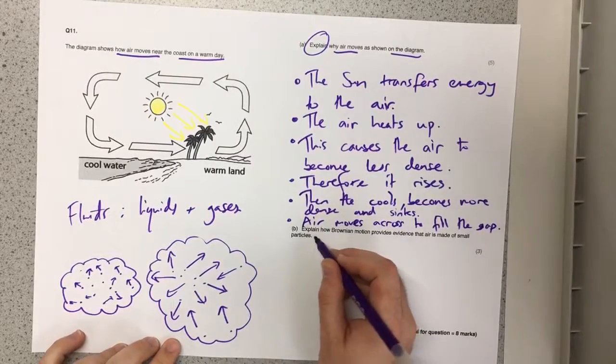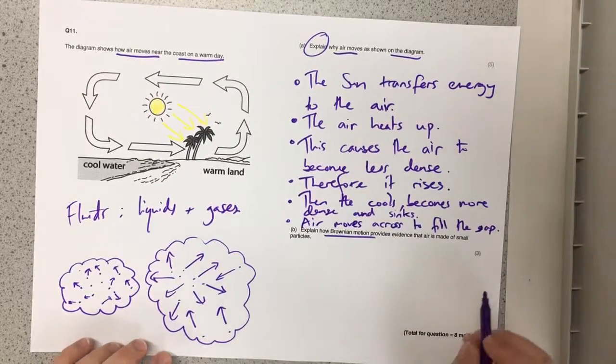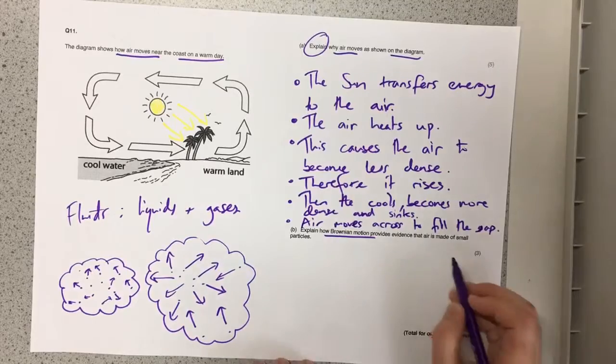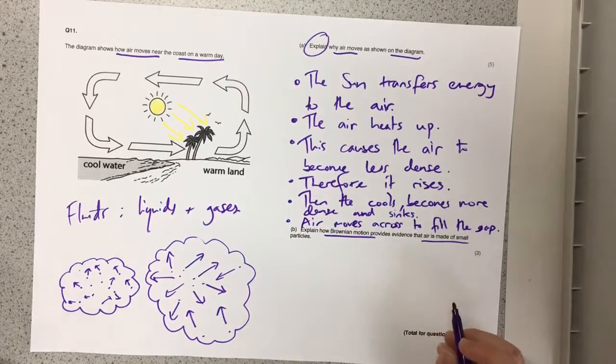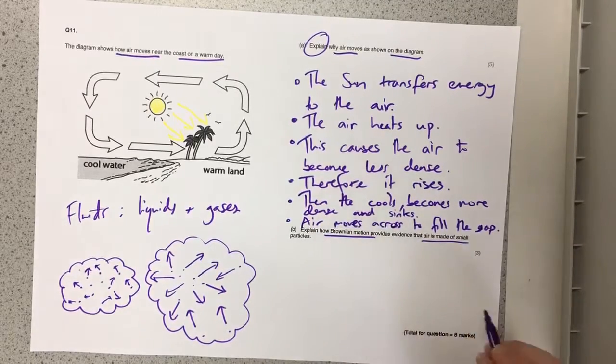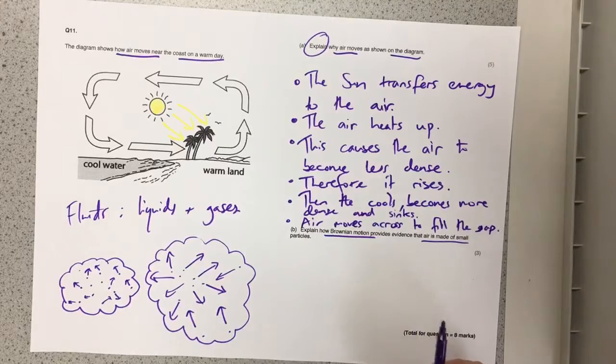Now part B asks us to explain how Brownian motion provides evidence that air is made of small particles. Now, Brownian motion was first discovered when they put some pollen grains on the surface of water and they looked at it under a microscope.